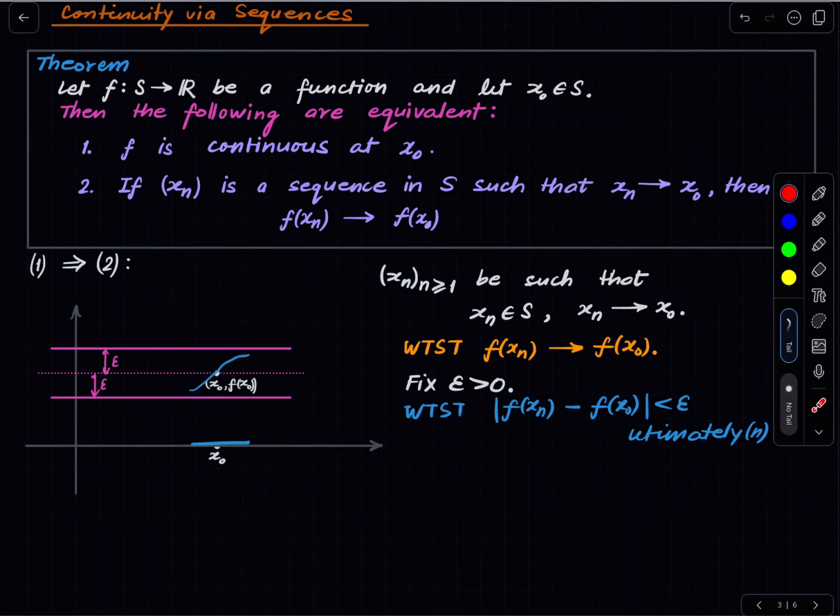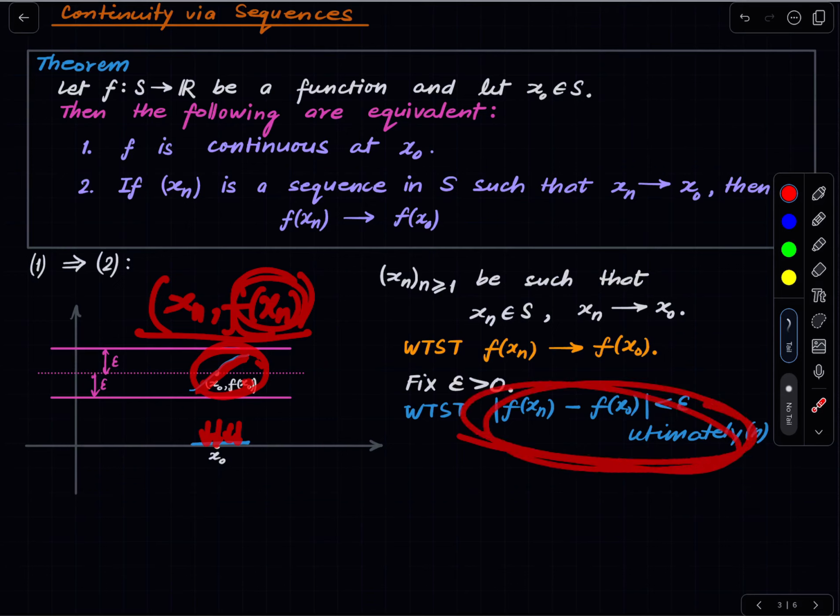Now to finish the proof, since xn converges to x0, ultimately all the points of xn reside in this delta neighborhood. And therefore, ultimately all the points in the graph reside in this epsilon band. That is, these points xn, f(xn), ultimately reside in this epsilon band, which is the same as saying that f(xn) is ultimately at a distance less than epsilon from f(x0).